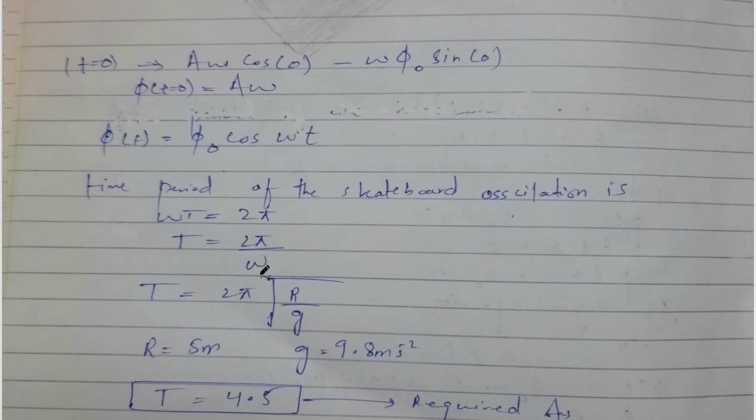So T equals 2 pi over omega, and after putting in the values, we need r, and g we know is 9.8 meters per second squared. After putting these values in this formula, we get 4.5. So this is our required value, this is what we want. Okay, thank you.